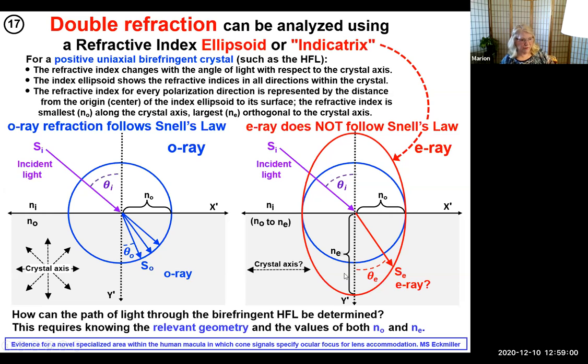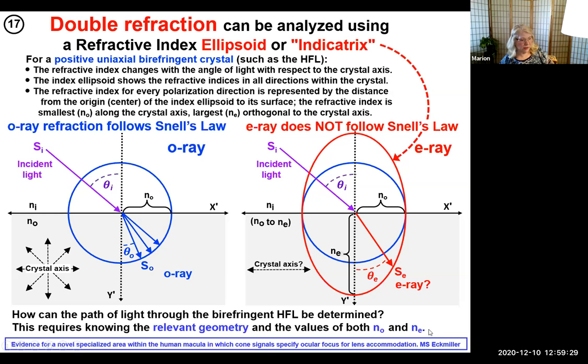We have to figure out how to do this. The refractive index is going to be defined by where we come in onto this ellipse. It can be just n sub O, or it can be n sub E, or its maximal refractive index would be down here.